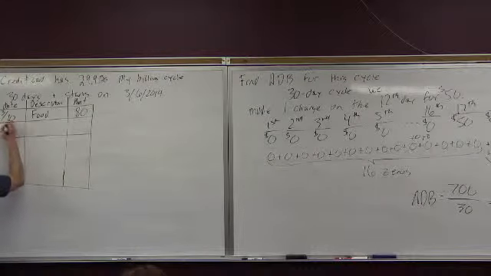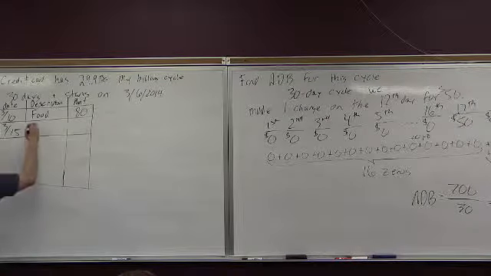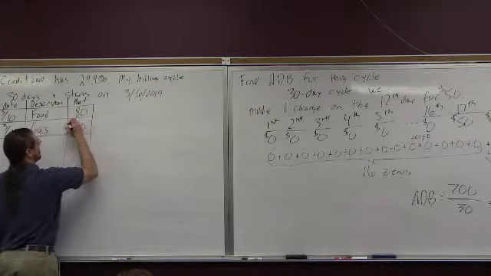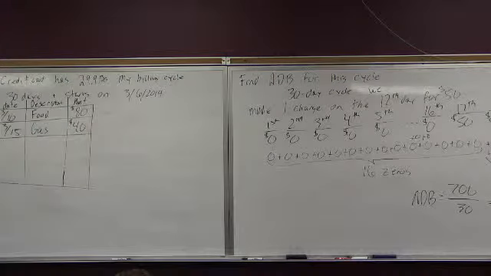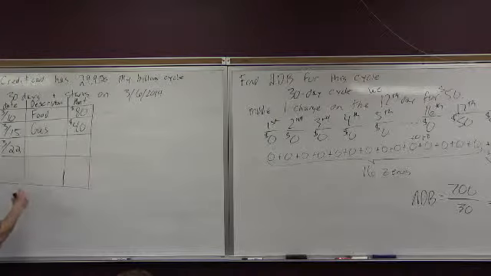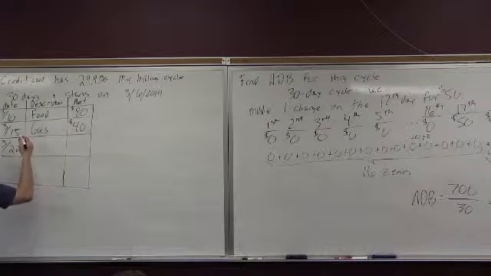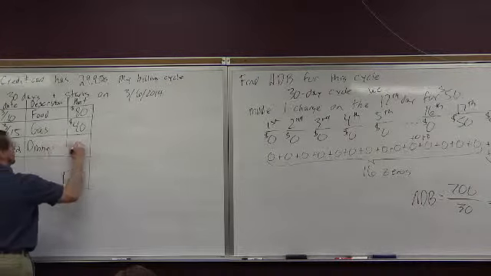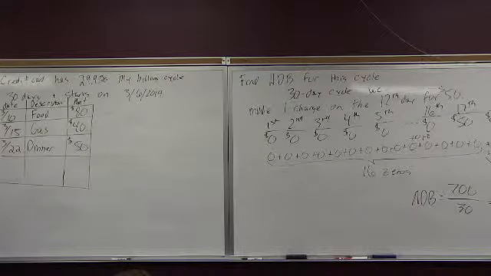So, anyways, on March 15th, it's a credit card. I had to get gas eventually. $40. And then on, let's say, the 22nd, dinner. Wife and I went out, $50 dinner.